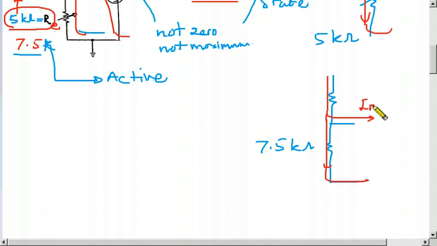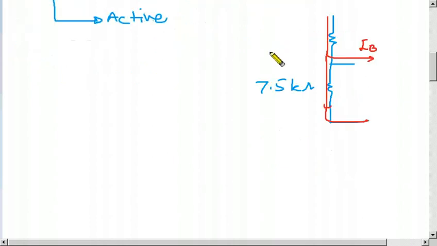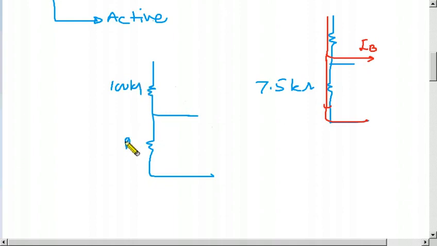IB is not 0, it has some value, so the collector current also has some value. That is called active region. We are increasing little by little the value of the resistor at emitter and base. This one is 100 kilo ohm, this one is the R.